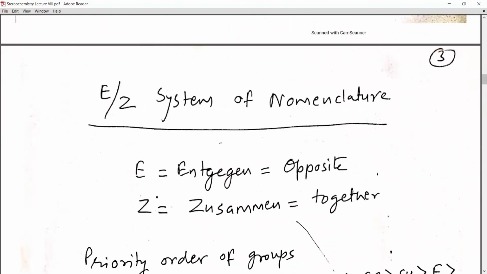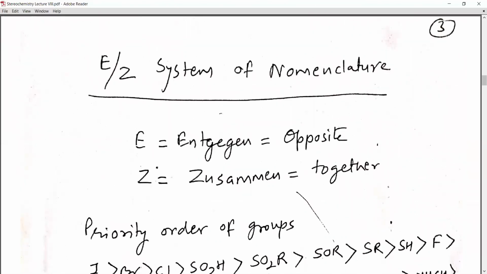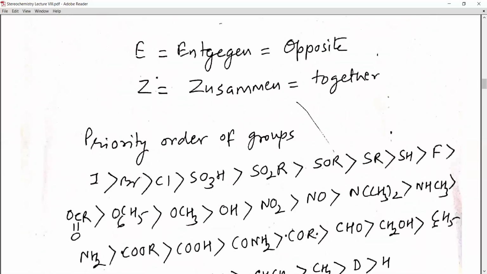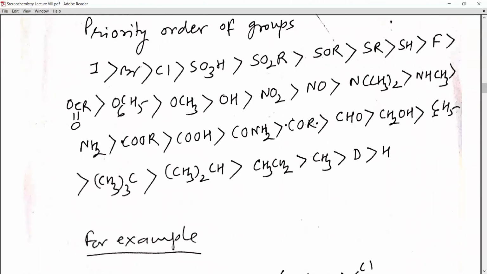EZ system of nomenclature. E means entgegen, opposite. Z means zusammen, together. Before we give EZ nomenclature, we have to keep in mind the priority order of the groups. This is the priority order of the groups: iodine has higher priority than bromine, bromine has higher priority than chlorine, like that.